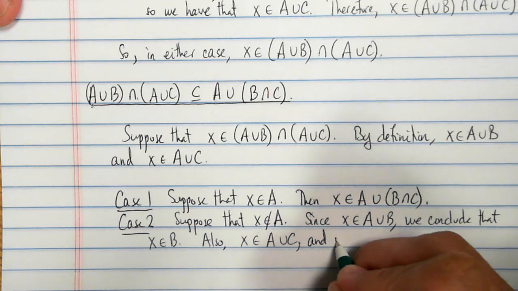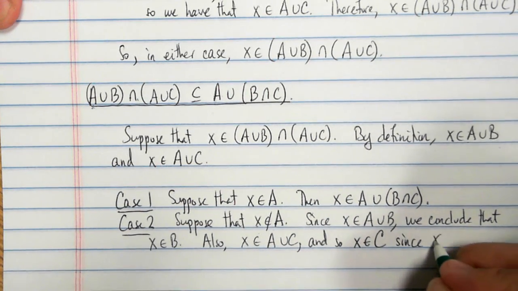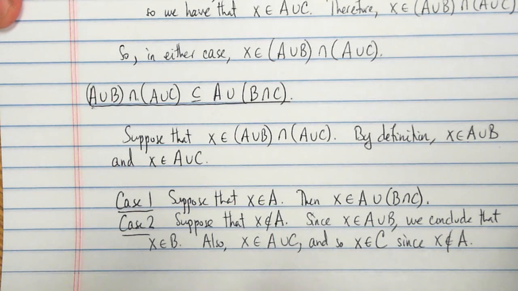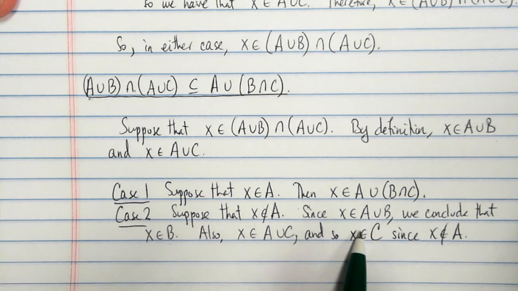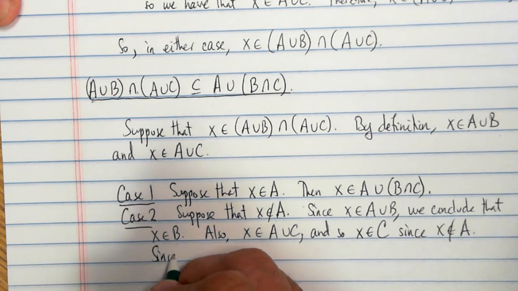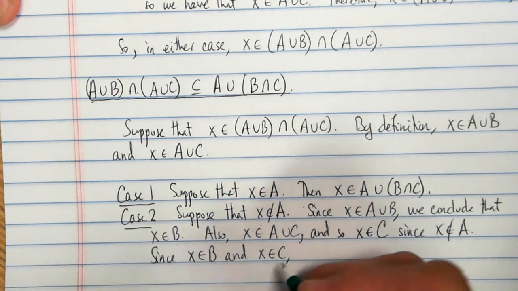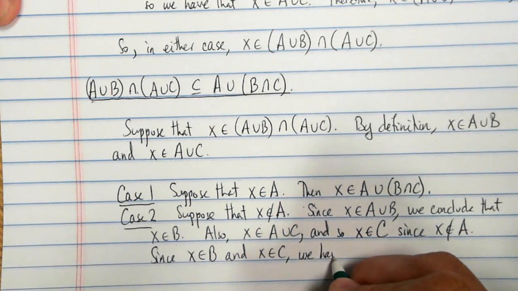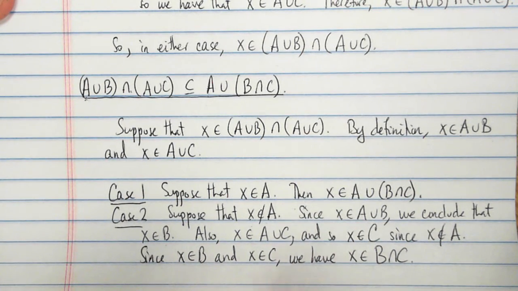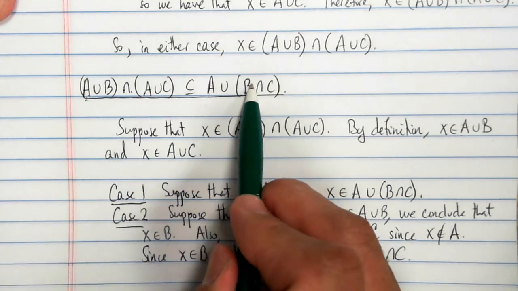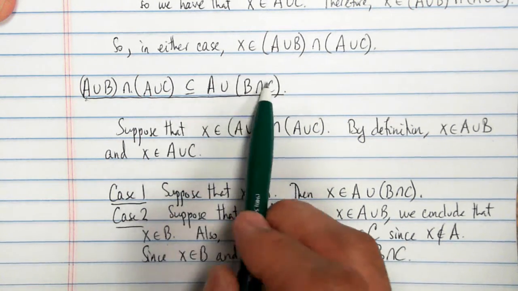And so X is in C since X is not an element of A. So if X is not in A, we can conclude that X is in B and X is in C. Since X is in B and X is in C, we have that X is inside the intersection, B intersect C. And if X is inside of this set, then it's going to be inside the union of this set plus anything else.